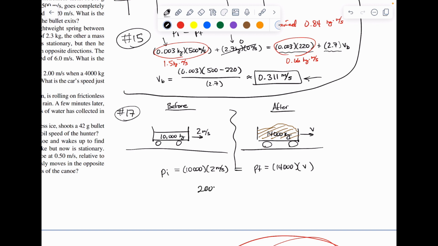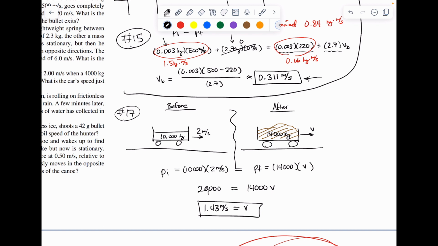So 20,000 should equal 14,000 times v. V should equal 20 divided by 14, basically. That's 1.43 meters per second, right? Cool. And that should be exactly what we expect.